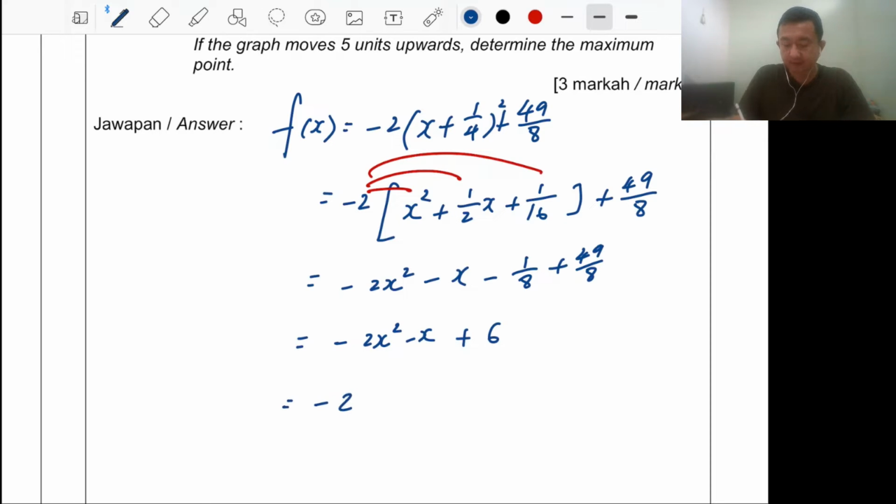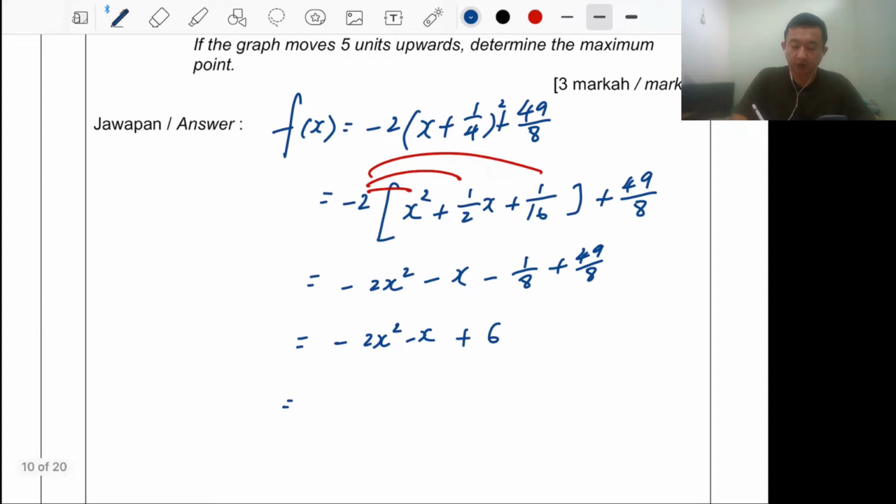So take out -2. No, I think it's fine. Okay. Now what I want you to do is to put this in your calculator and then figure out the value for x, solving the quadratic with the help of your calculator. A is -2, B is -1, and C is 6.